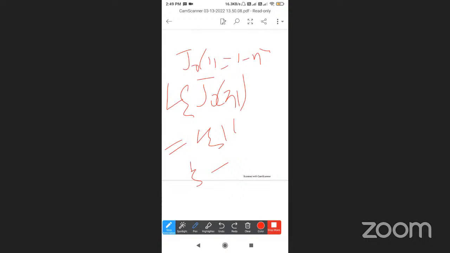Simplifying, 1 by s is common, so we get 1 minus 1 by 2 s square plus so on. This is a binomial expansion: 1 by s into 1 plus 1 by s square, whole power of minus 1 by 2.